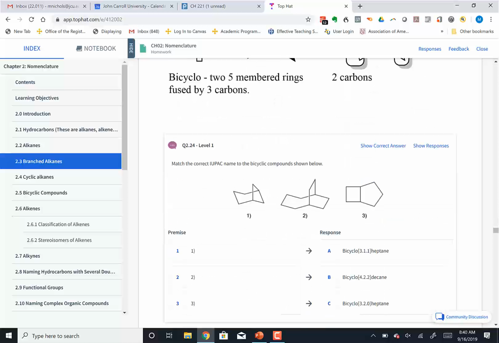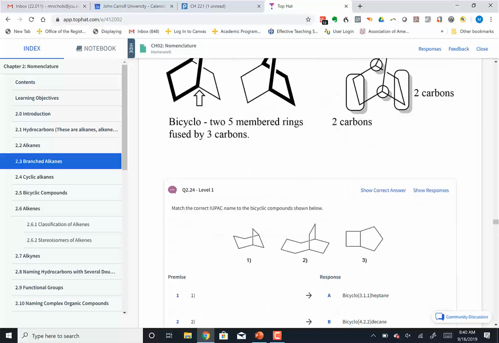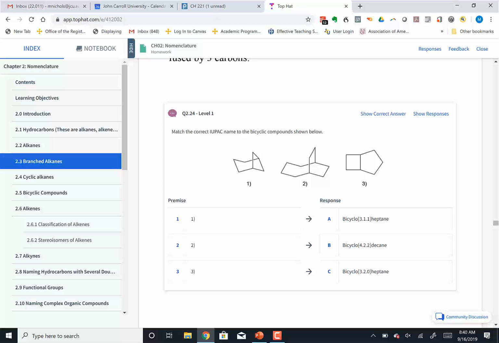Which one did you want? 20. Well, let's take a look at this one first. Okay. So you're supposed to match these up, right? Now, here's what I'll point out about these.